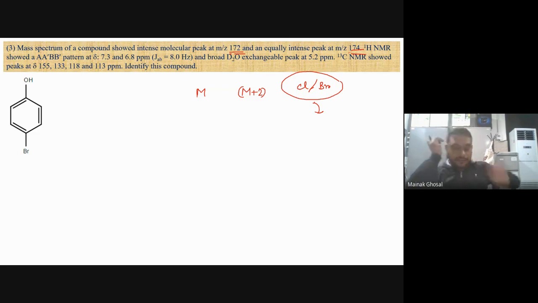You know that when I discussed mass spectrometry initially, M and M+2 peaks make it very possible that chlorine or bromine could be present in the molecule. I told you that the presence of chlorine and bromine will always give M and M+2 peaks due to the presence of isotopes.